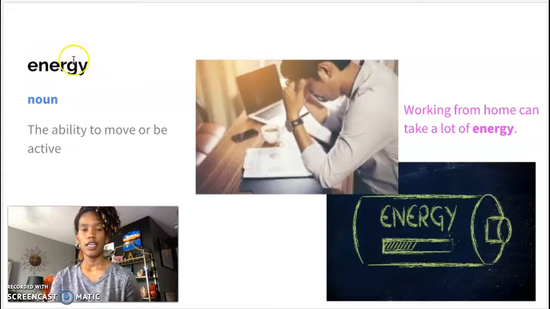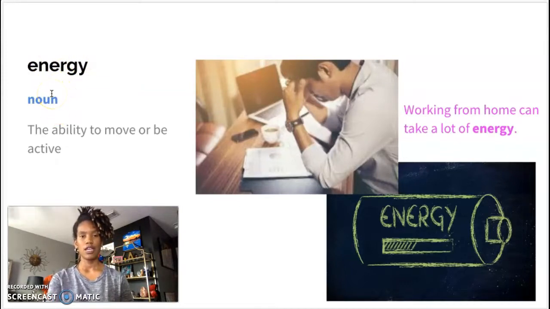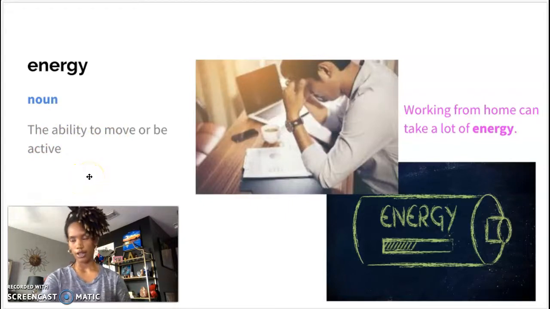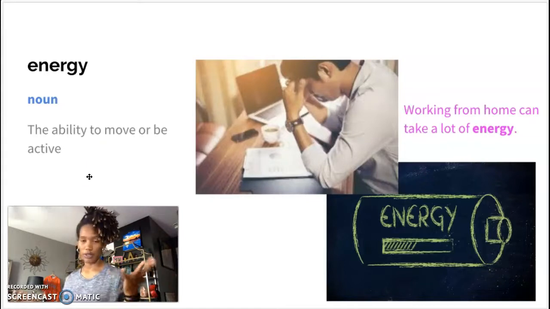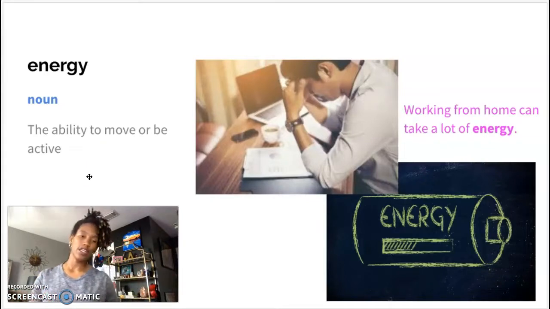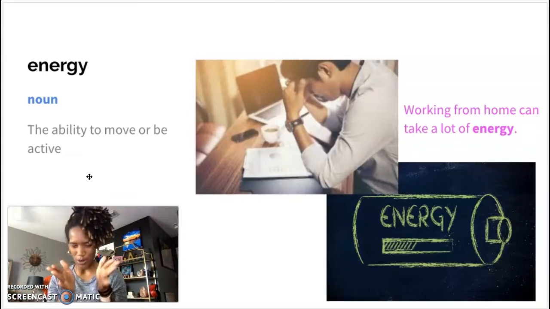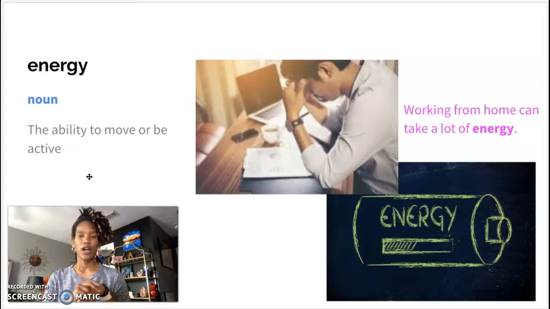Energy. Energy is a noun. And energy is the ability to move or be active. Okay. So energy. Right now, it seems like we're not using a lot of energy, but we are, right? We are adapting because we cannot be in school and we're having to do everything on our phone or everything on our computer.